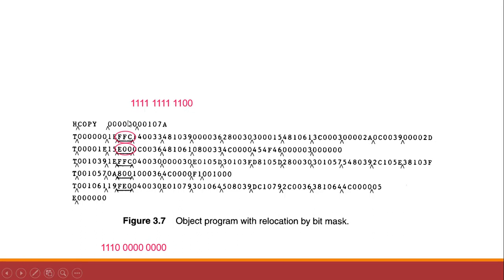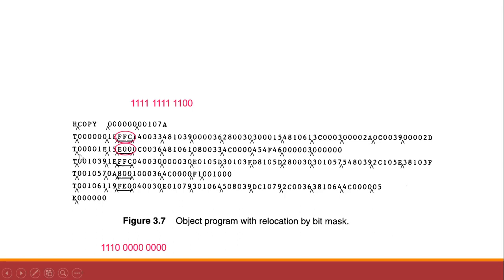It will be represented in hexa as F, F and C. So this is FFC. Whenever the loader reads this text record, it will come to know which object codes require modification. Here all 10 object codes need to be modified whenever relocation happens.